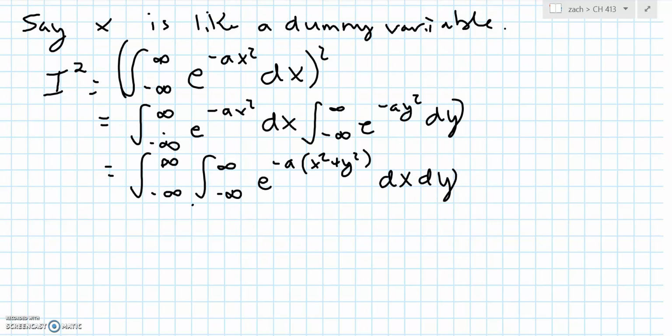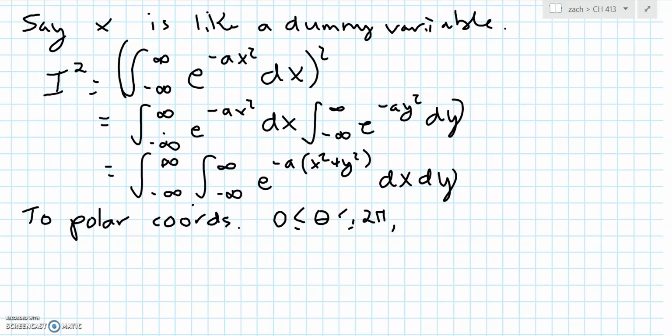So the next thing that we're going to actually do is a transformation to polar coordinates. So since this is over all space, in polar coordinates theta is between 0 and 2 pi, and the radius is between 0 and infinity.